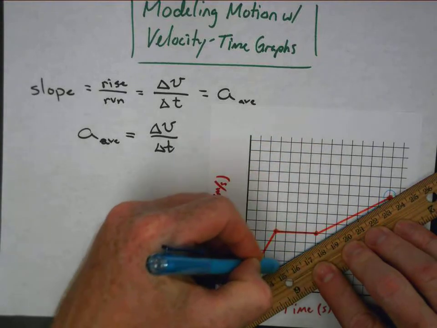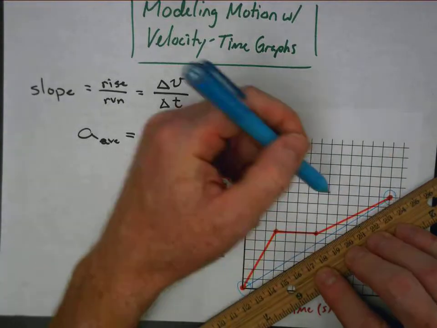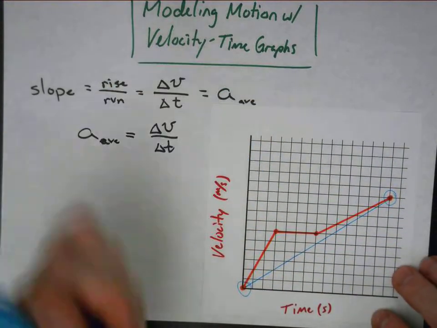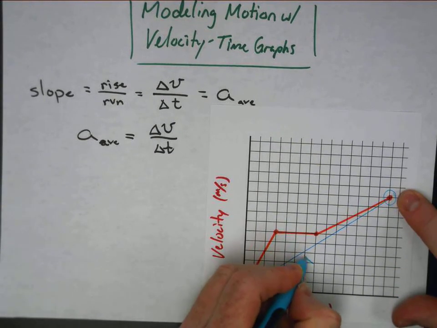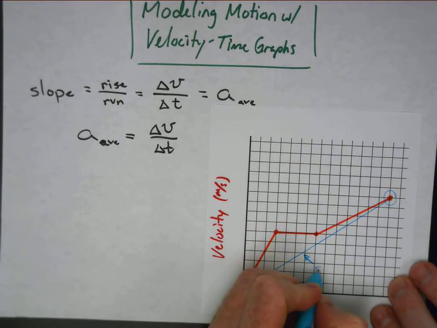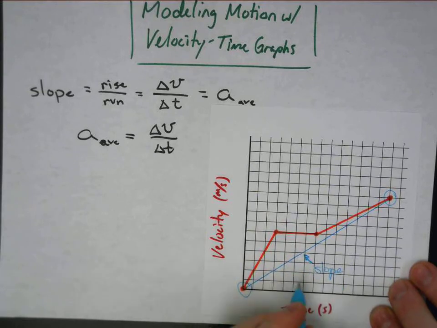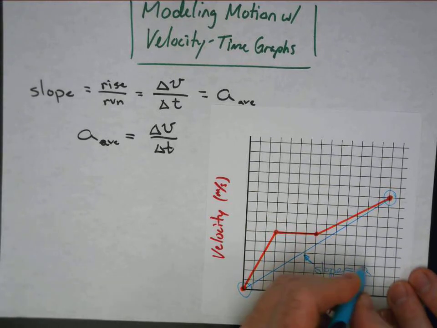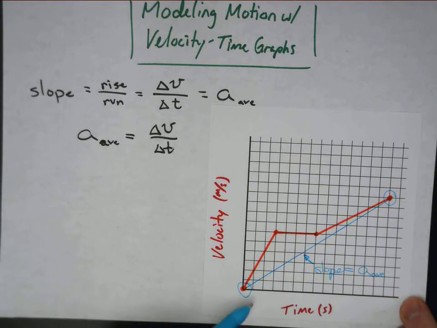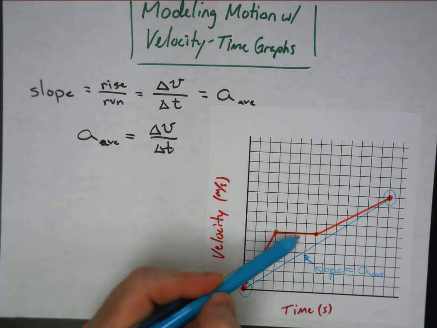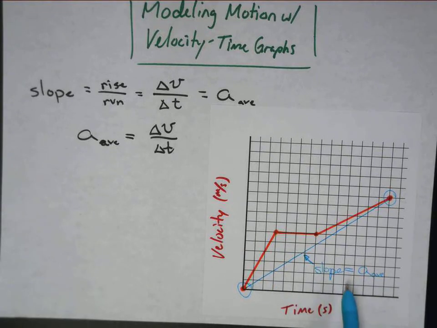This new line simply represents, if it had been UAM and it started here and ended here on the graph, then this line could be thought of as something you can use to find the slope. And it turns out the slope of that line would equal the average acceleration of that object. That line isn't what actually happened. The orange line is what happened, but if you wanted the overall average, you could find the slope of that line between the beginning and the end. It does work.